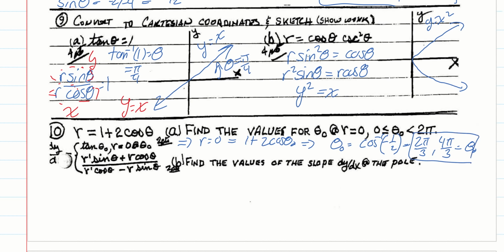All right, so now we know our angles. Now I need to find the value of the slope dy dx at the pole. So he gave us this tangent theta naught, comma r. Oh, what the heck does that even say?